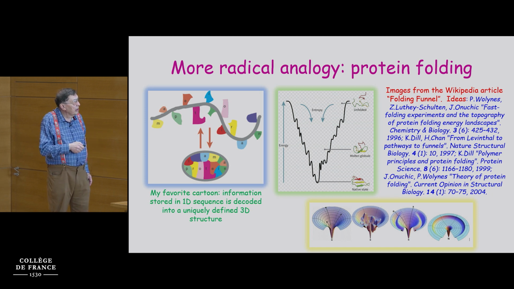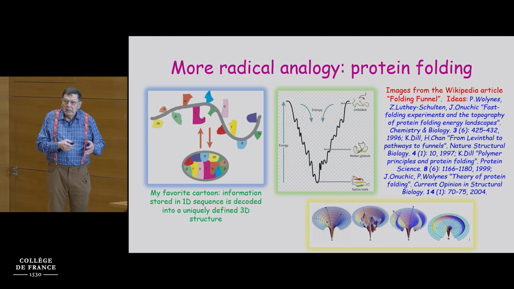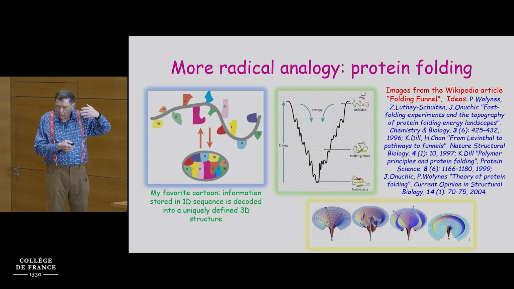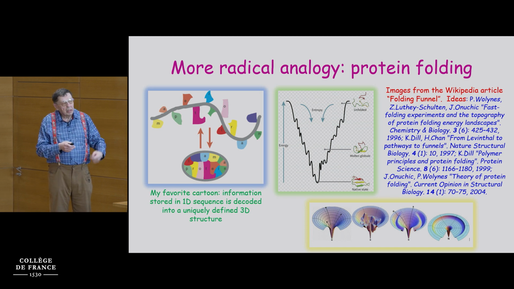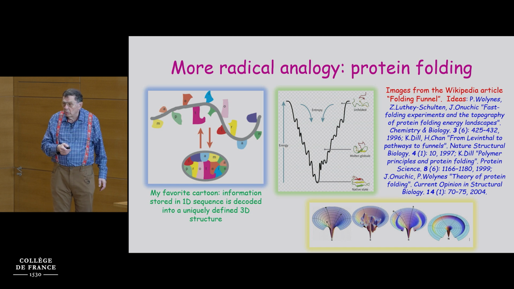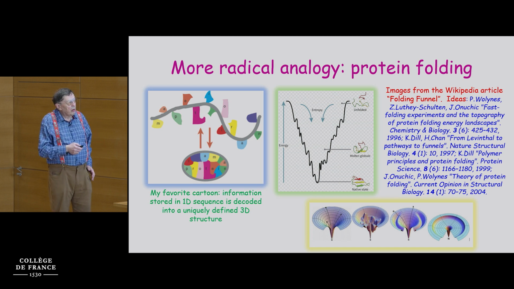And when it folds, it reveals in 3 dimensions the information that is hidden in the 1-dimensional sequence. So people try to apply this idea of translating information from a 1-dimensional code to a 3-dimensional code to chromosomes. One way to think about it is in terms of funnels.